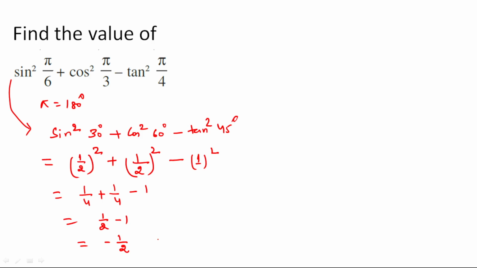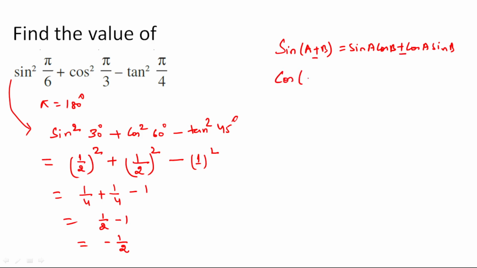Today I have utilized some of the formulas, so let me conclude. I told you the formula sin A plus B is equal to sin A cos B plus cos A sin B. If we write sin A minus B, we can write it directly.